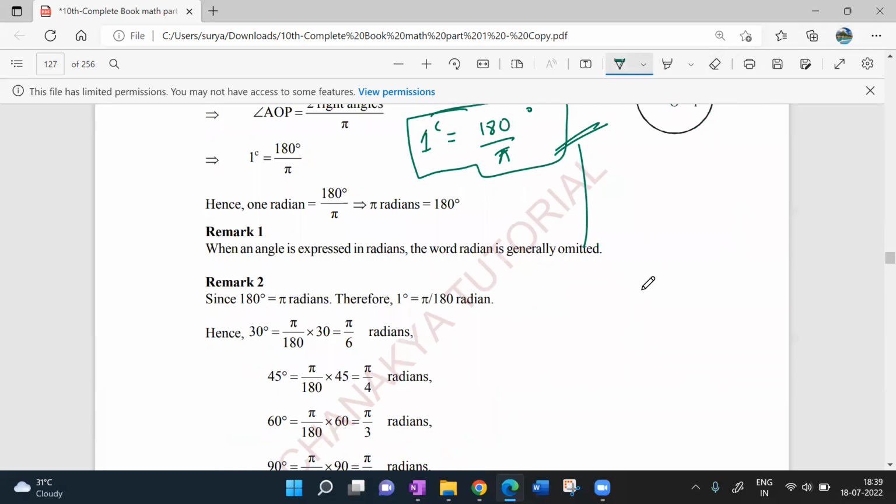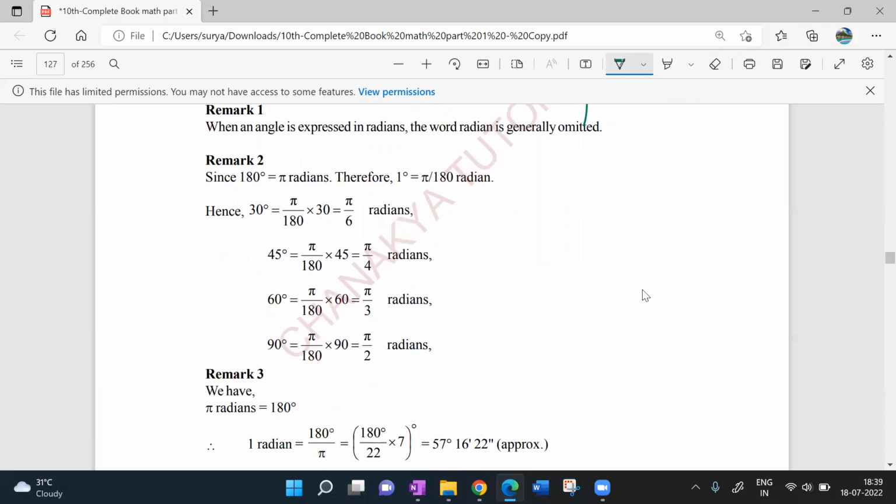Now look at this. I'll explain it separately by taking a question like this. 30 degrees: I'm asking you to convert these degrees into radians. How do you convert 30 degrees? 1 degree is equal to how many radians? Pi by 180 radians, I just told you.